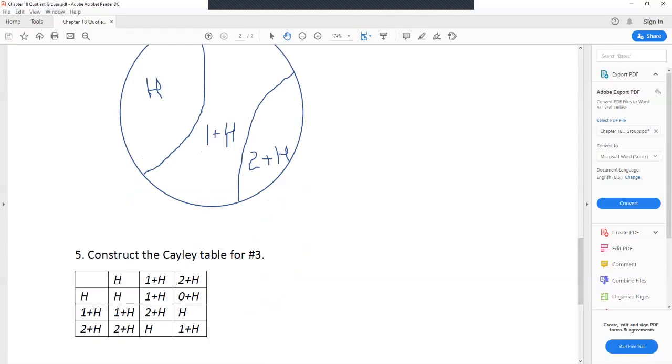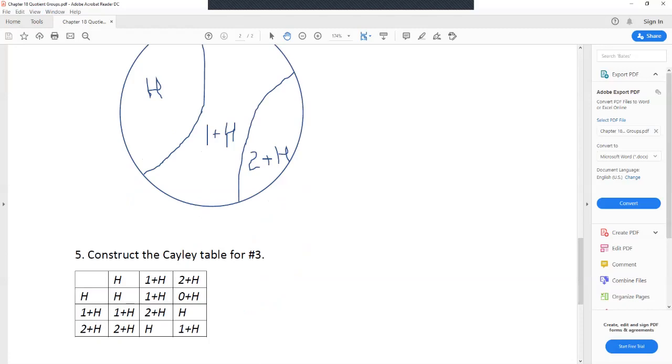On number 5, we construct the Cayley table for the cosets, and notice that H times H is H, H times 1 plus H is 1 plus H, and H times 2 plus H is 0 plus H. I use the word times rather loosely.